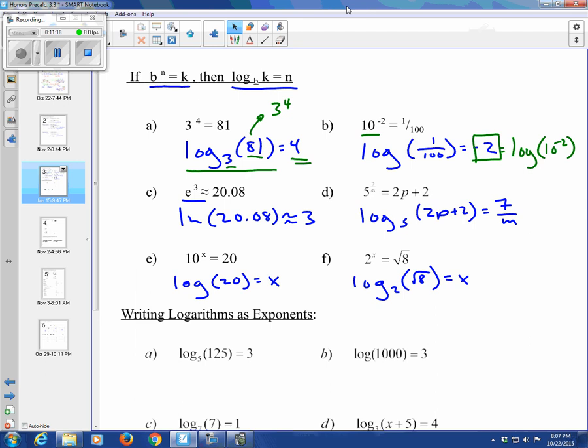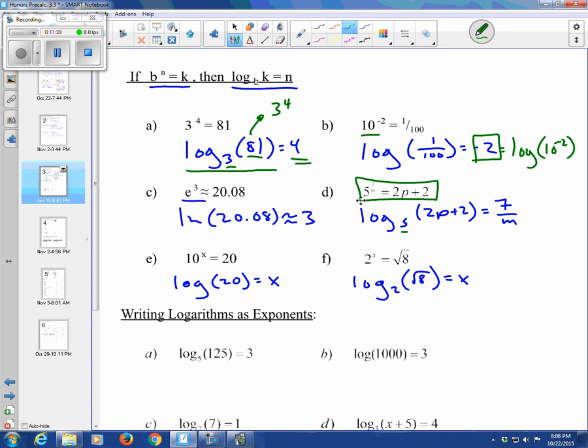We can move on and talk about a kind of a crazy expression here. We've got 5 to the 7 over m power equals 2p plus 2. What we're saying is really any exponential expression I can rewrite as a logarithm. If I were rewriting this as a logarithm, the base would stay the same.